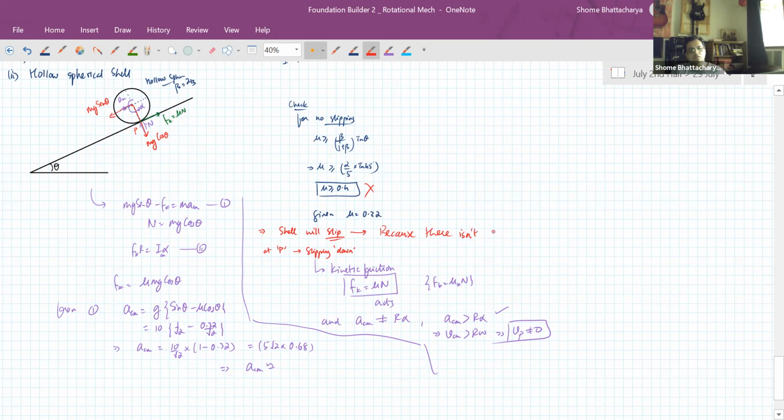There isn't sufficient friction available to prevent slipping. So let's calculate that value first: 5 root 2 into 0.68.